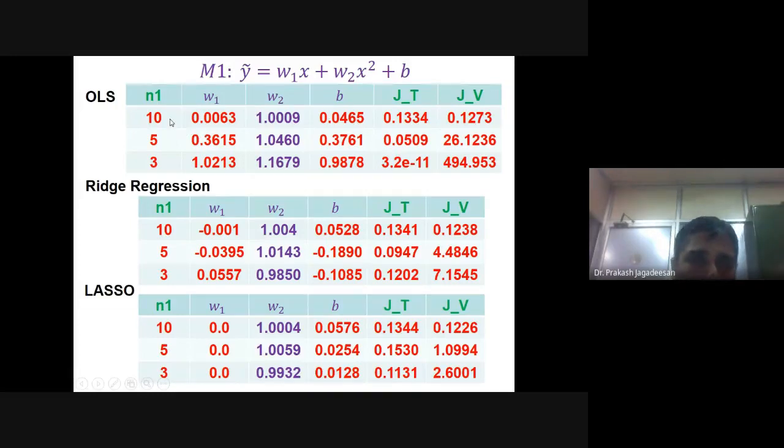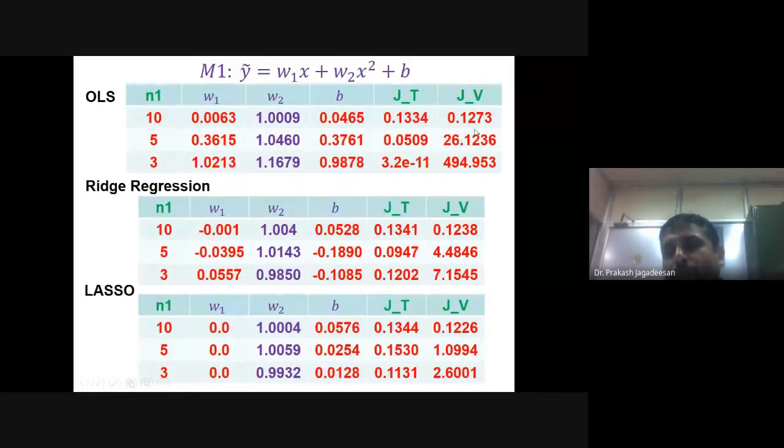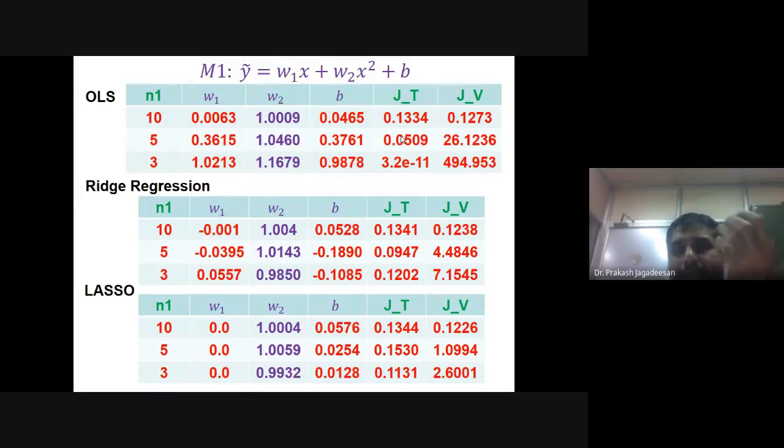On the other hand, if I reduce the number of observations, instead of using 10, if I use 5 data points, you can see there is a drastic difference in the training error and testing error. Testing error is found to be substantially higher than training error. So how do we interpret this point regarding model quality?